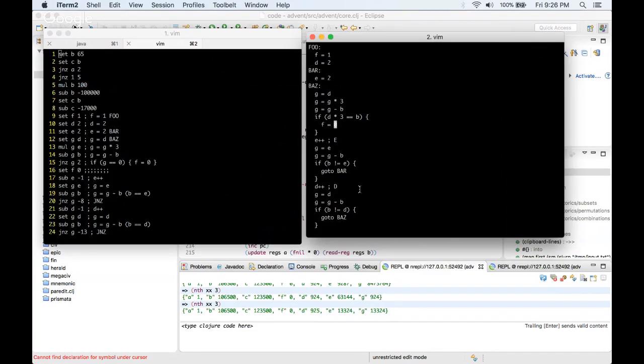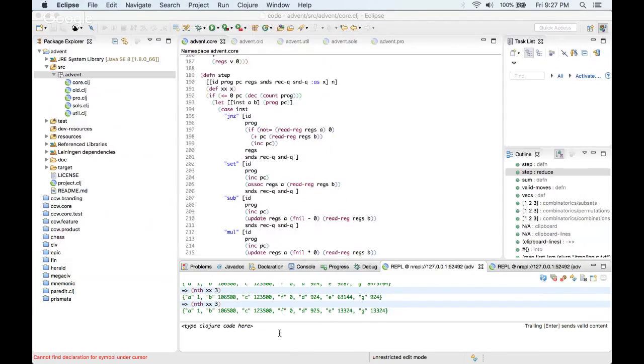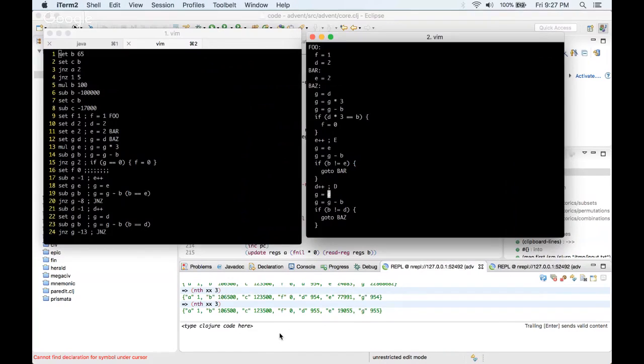So I think the question is how many times in those 1,000 loops is D times 3 equal to B? So yeah, based on this, it does seem to be just increasing one at a time.